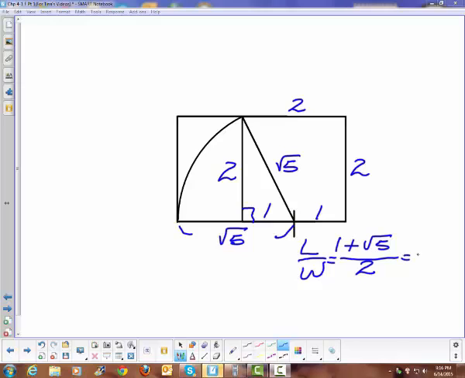And what is it? It's phi, the golden ratio. In other words, 1 plus the square root of 5 all over 2 is obviously exemplified in this particular figure. Therefore, I have successfully constructed a golden rectangle.